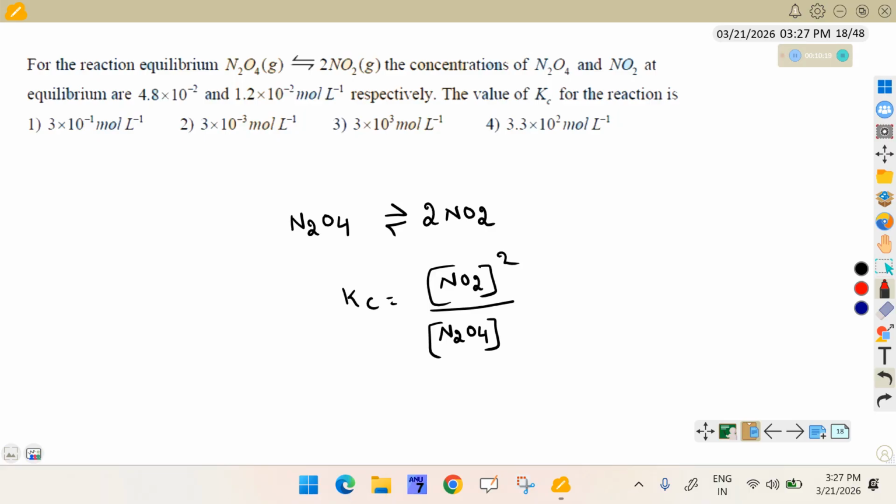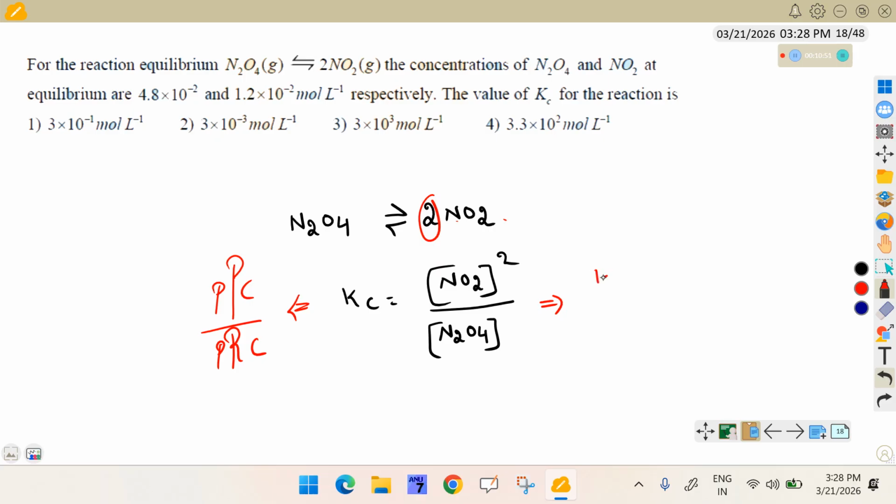Equilibrium: N2O4 gives rise to 2NO2. The concentrations of N2O4 and NO2 at equilibrium are 4.8 into 10 power minus 2 and 1.2 into 10 power minus 2 mole per liter respectively. The value of Kc for the reaction is calculated by using the formula, product of product concentrations by product of reactant concentrations. NO2, 2 moles are there, that's the reason whole square by N2O4 concentration.